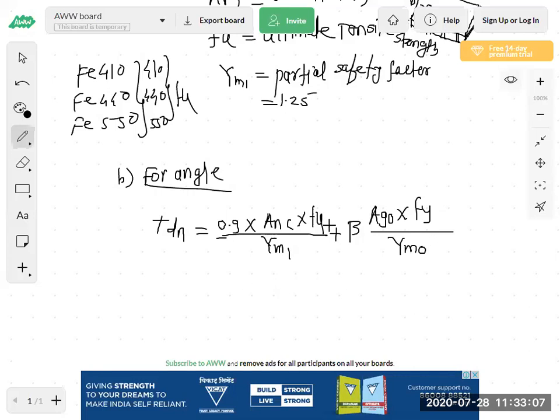So this formula you can see on page number 33 for single angle.